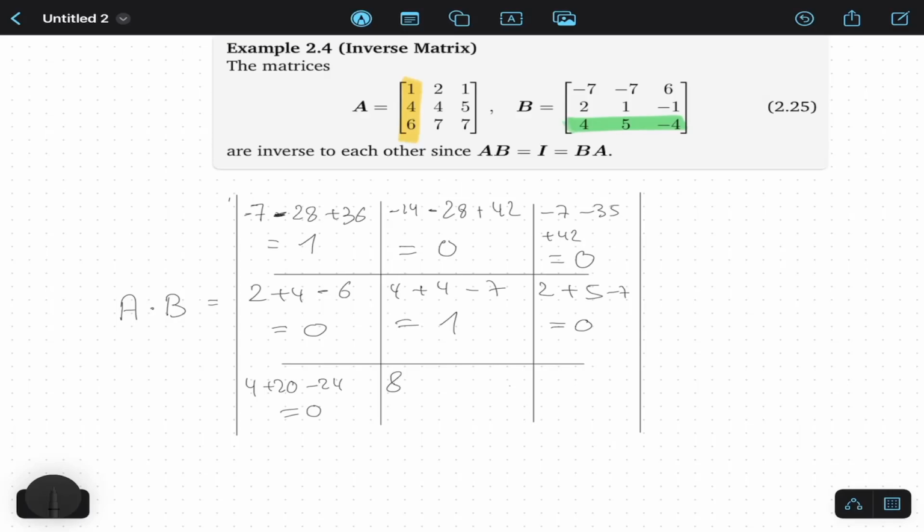And then we have 20. And the last one is 28 minus 28 equals 0. And then we move yellow to the right again. 4 plus 25, and then minus 28, which makes 1.